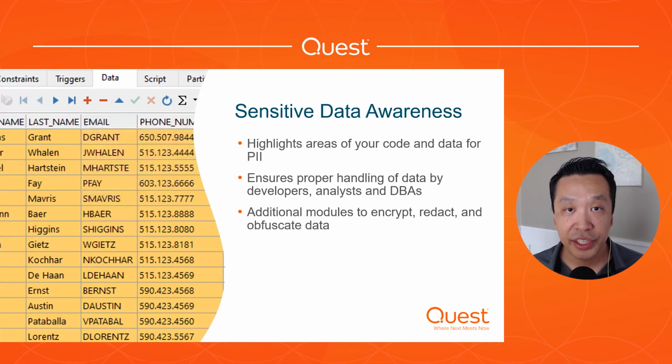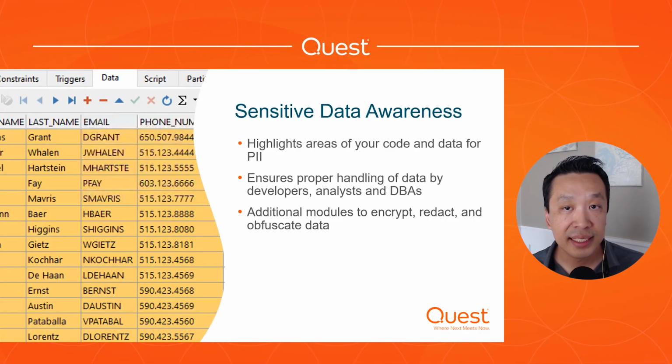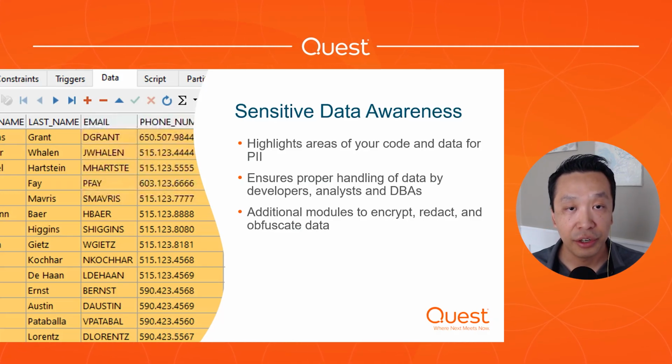Another new security feature in the newer versions of Toad is sensitive data awareness. Everyone is concerned nowadays about data privacy, and maybe you have customers or users in Europe and you have to follow GDPR guidelines, or if you have users or customers in California, we've got CCPA, to make sure you are handling your people's personal data correctly.